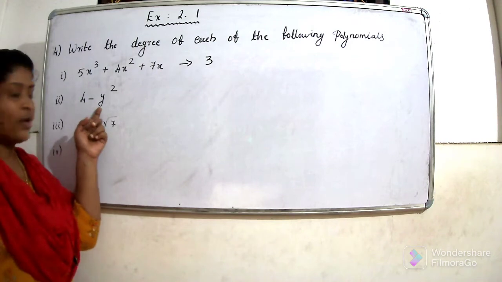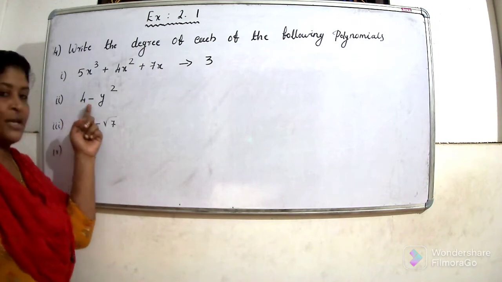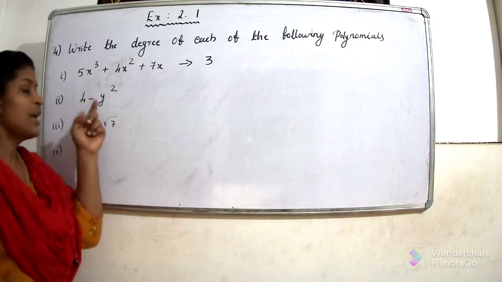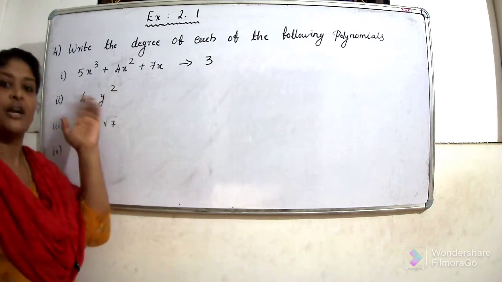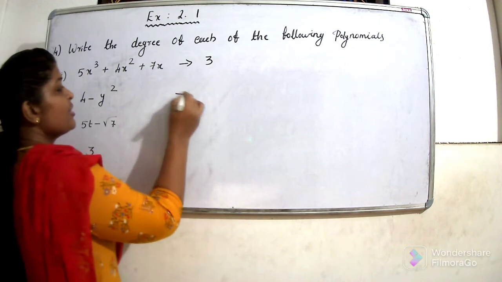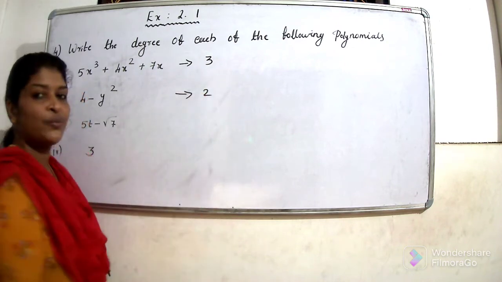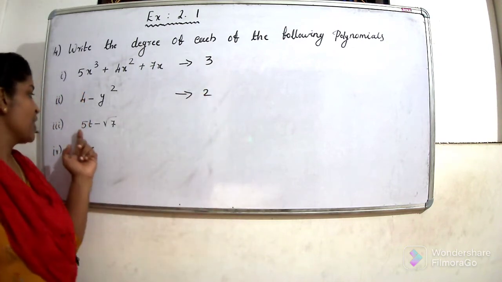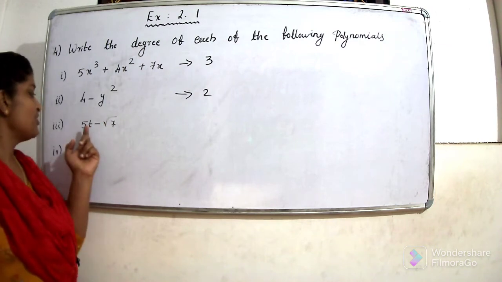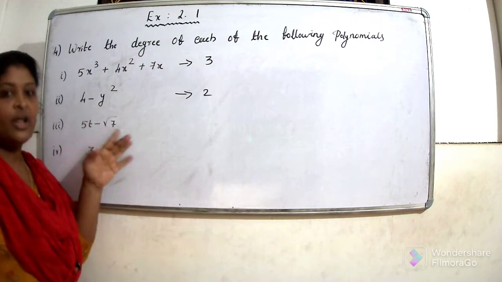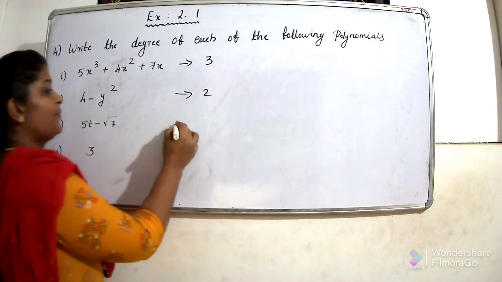Second one, the polynomial is 4 minus y raised to 2. Here this is the variable and its power is 2, and that is the highest one. So the answer is 2. Now the third one, 5t minus root 7. Here this is the variable and its power is 1, and that is the highest one.